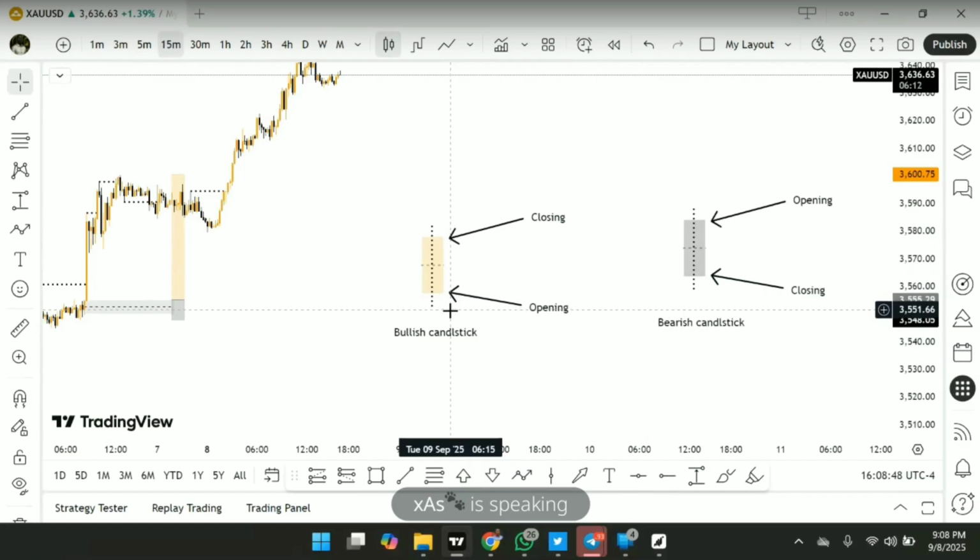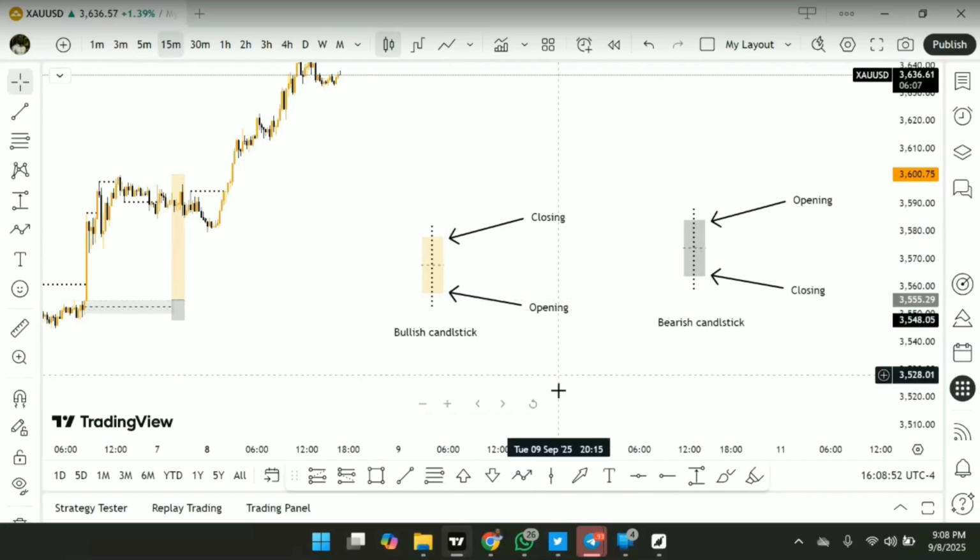So I said we have two types of candlesticks: the bullish candlesticks and the bearish candlesticks.